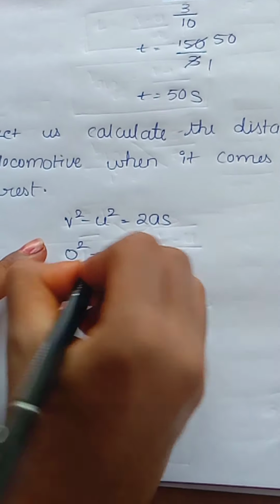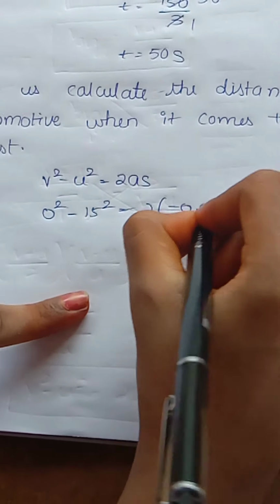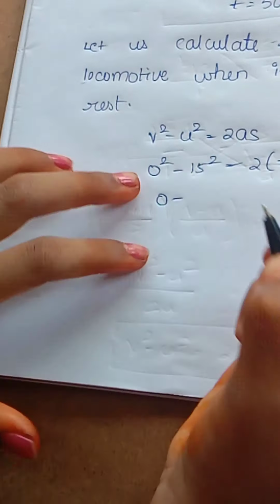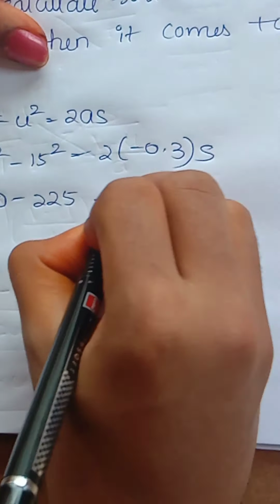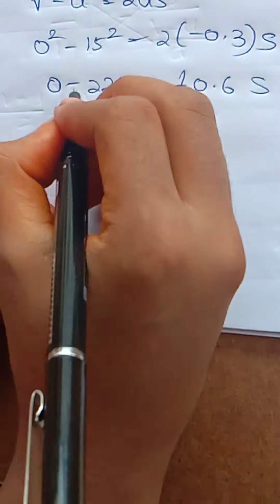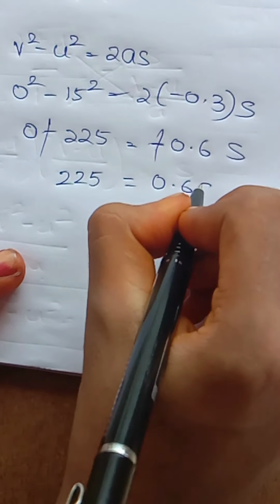v square, 0 square, minus u square, 15 square, is equal to 2 into a, minus 0.3, into s, which we don't know. So 0 square is 0. 0 minus 15 square means minus 225 is equal to 2 into minus 0.3, which is minus 0.6, s. The minus signs cancel, so 225 is equal to 0.6s.